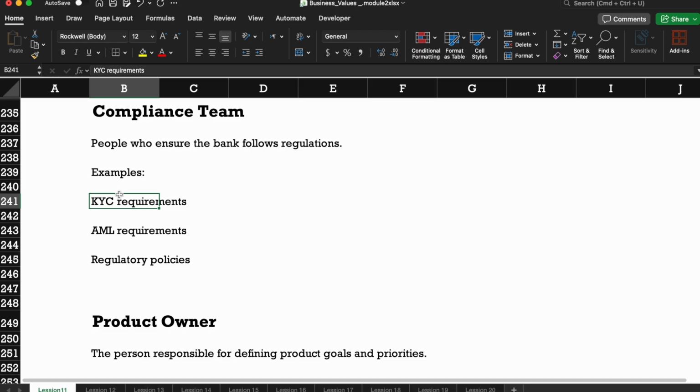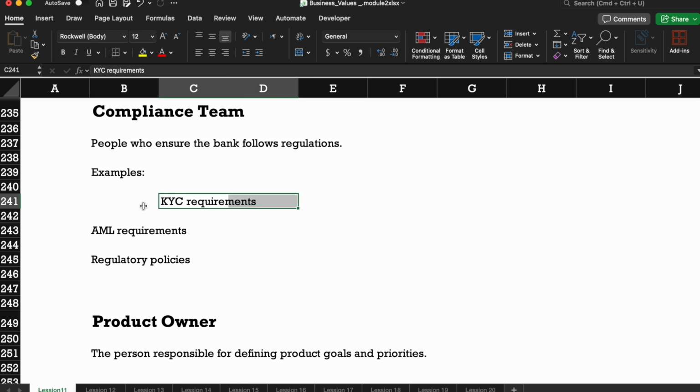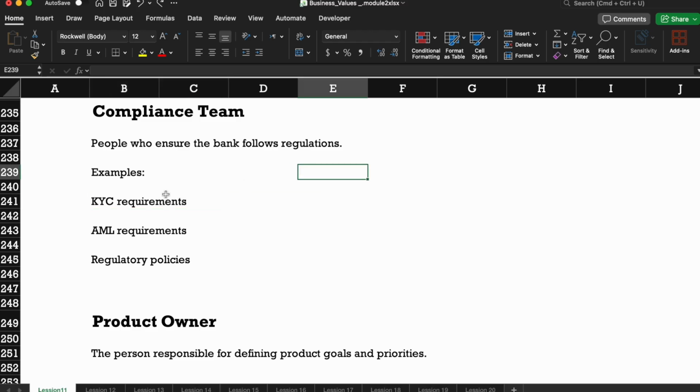For example, what these people are controlling: KYC requirements, like what documents need to be collected in order to become a good customer. So this is KYC, know your customer. AML requirements, anti-money laundering requirements, like is there any sanction or any other restriction for this customer.